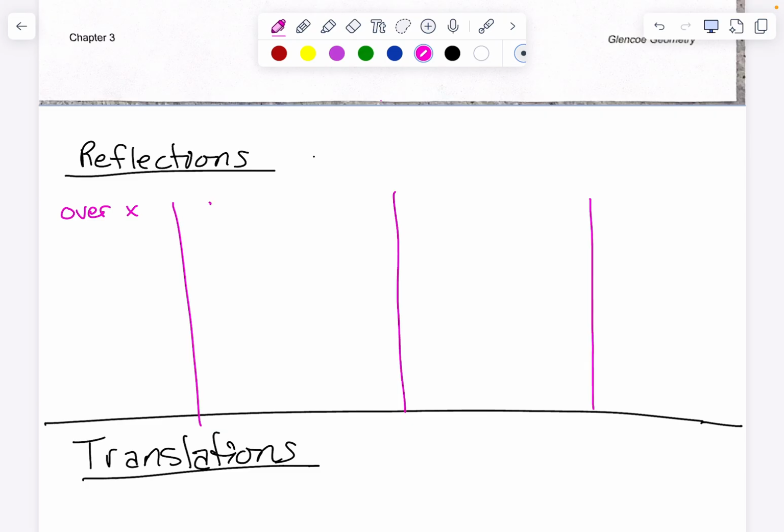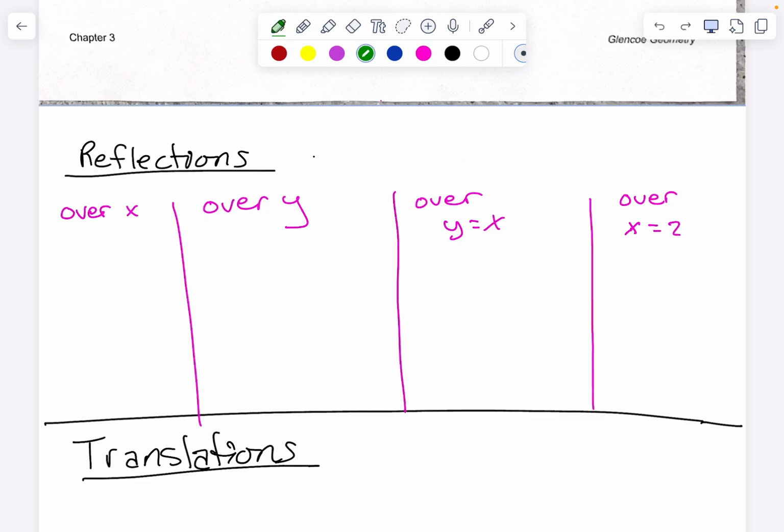They also have the reflection over the y-axis. We did not do, but things that they introduced was over the line y equals x, and we'll talk about what that looks like in just a second. I don't feel like it's worth spending a whole day talking about the 2 new things, so I think you'll catch on pretty easy, okay?